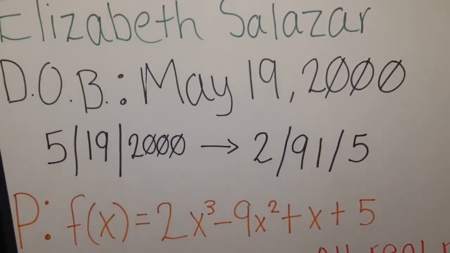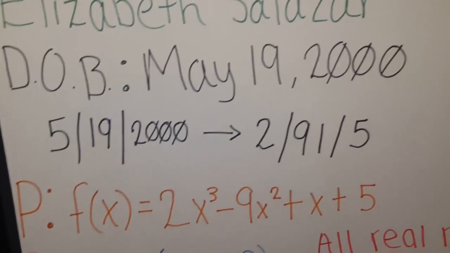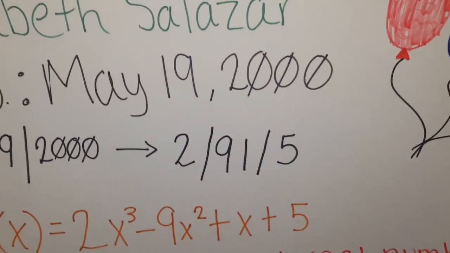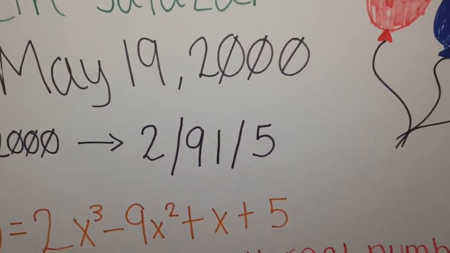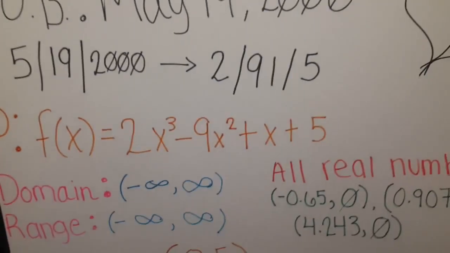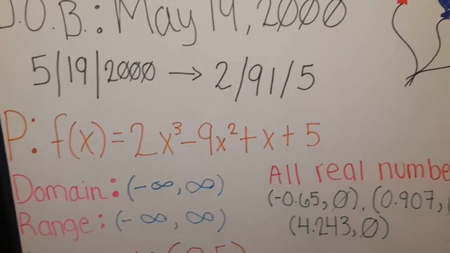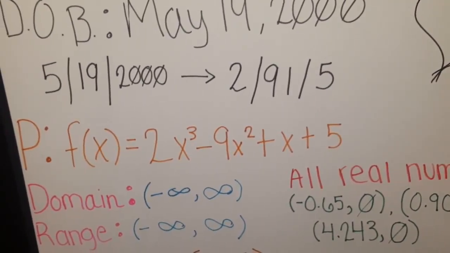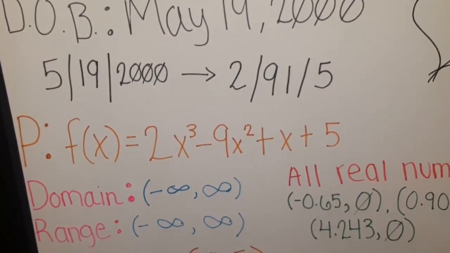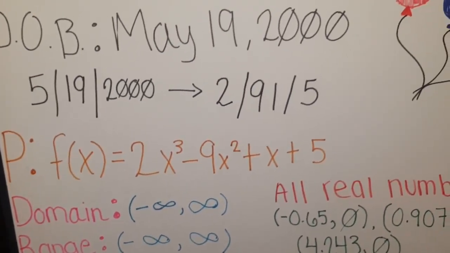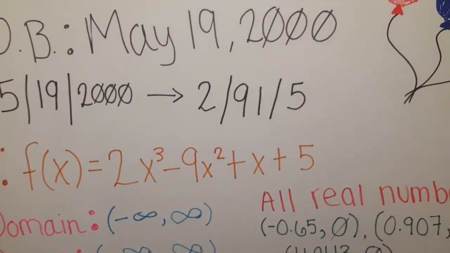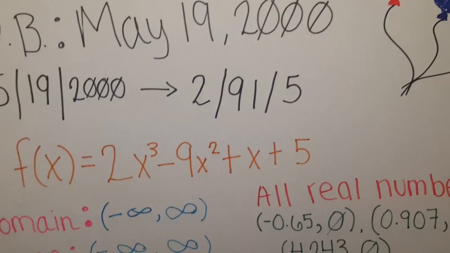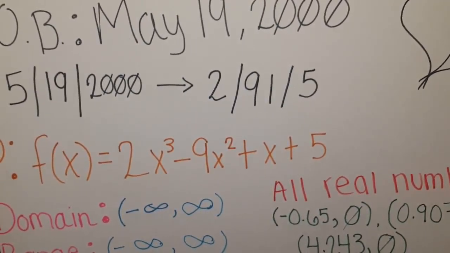And after I get rid of the 0s and flip the numbers around, I get 2915. And after I arrange my numbers in this specific order and played around with the negative and positive signs, the polynomial equation that I got is f of x is equal to 2x cubed minus 9x squared plus x plus 5.